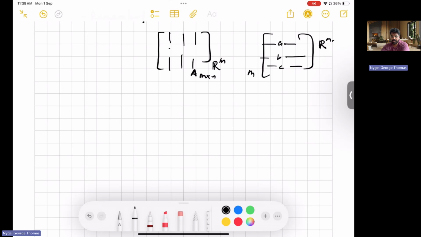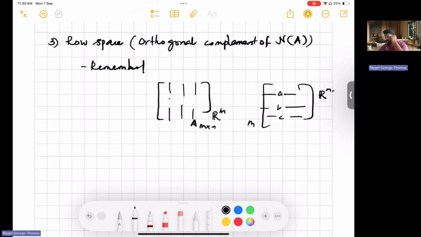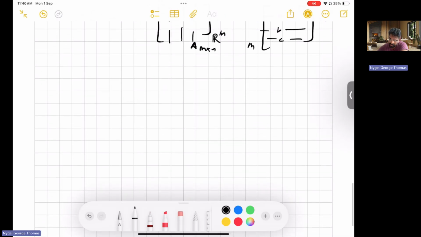How do you represent this in an easier fashion? You can represent this as column vectors itself. You can use the same convention, but you just have to take the transpose, because whenever you take the transpose, the rows become the columns, right? So R of A transpose. The row space of A is in fact the column space of A transpose, or the range space of A transpose.